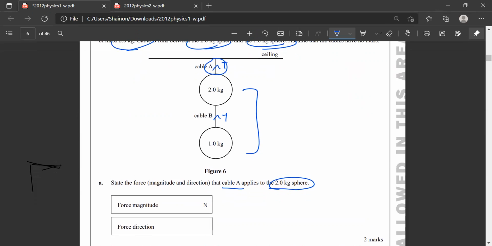And the force is upwards. So the 2 combined is 3 times g. I used 9.8, but you really should be using 10, so it's 30 newtons.